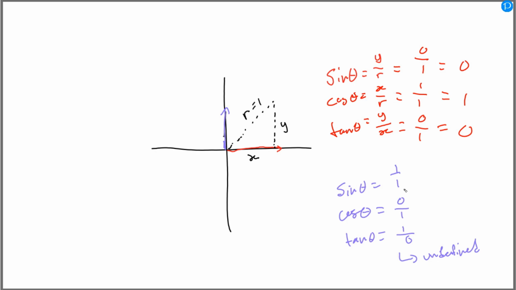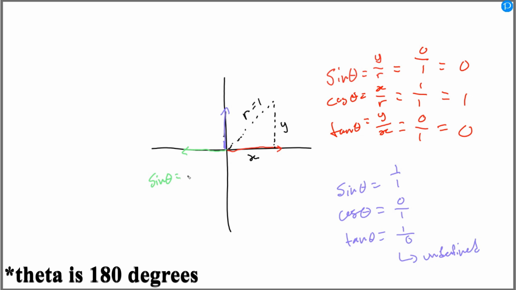And this same logic will apply to all the axes, except the signs will change. So for example, along this axis, sine will equal, sorry, it'll equal 0 again. Cos theta will equal -1.